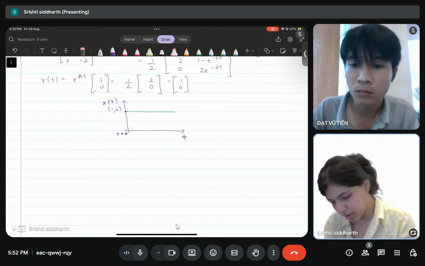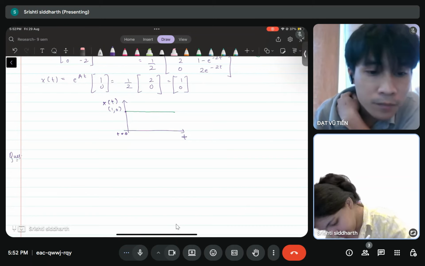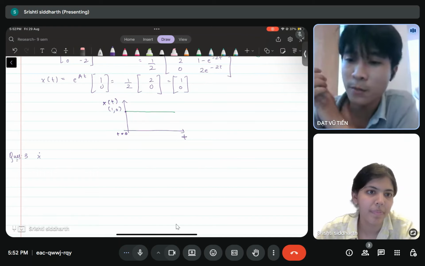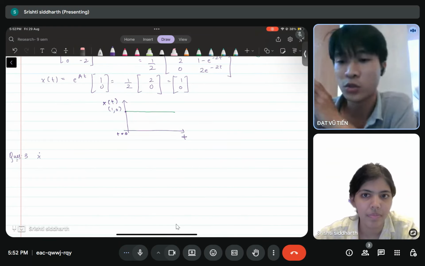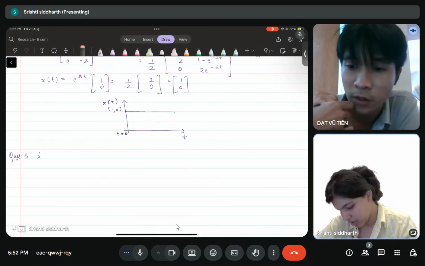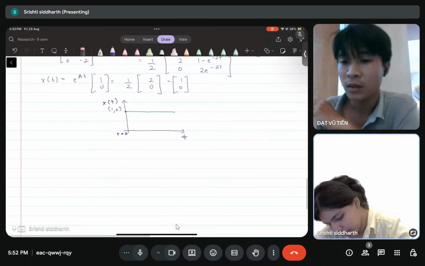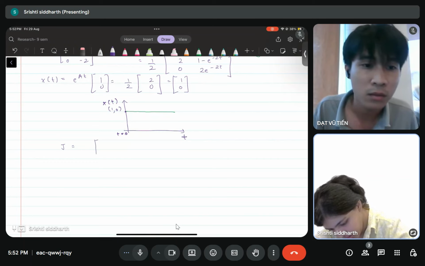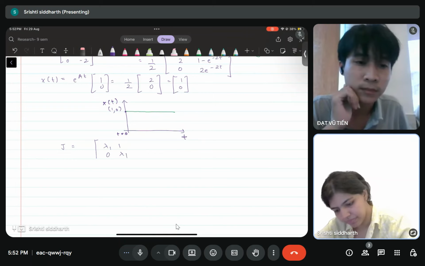Now let's crack another question. This is for a third order system. So if it is, for example, the Jordan normal form is [lambda, 1; 0, lambda].